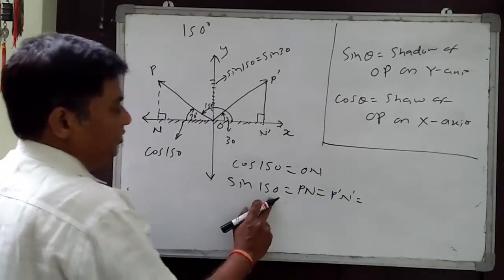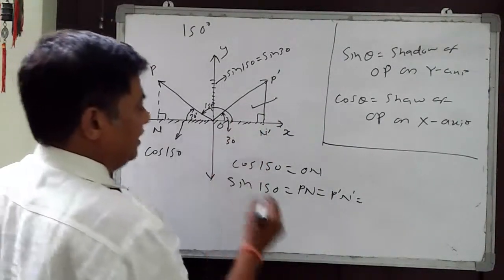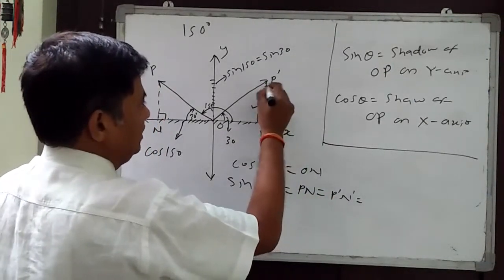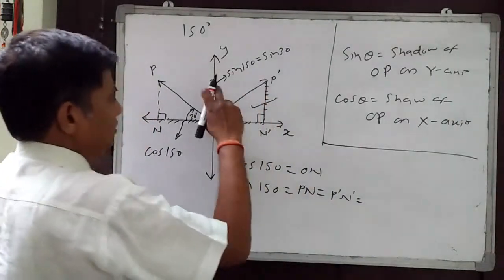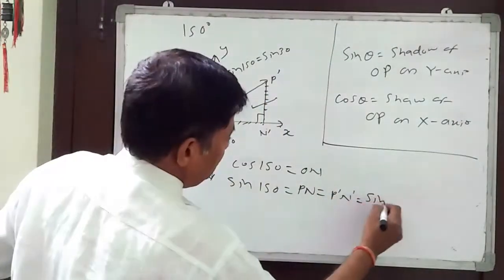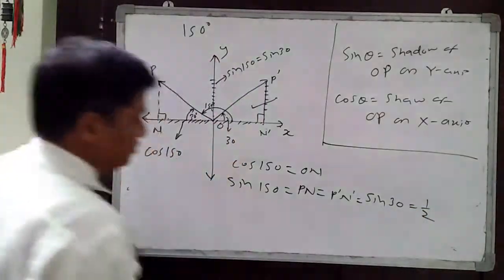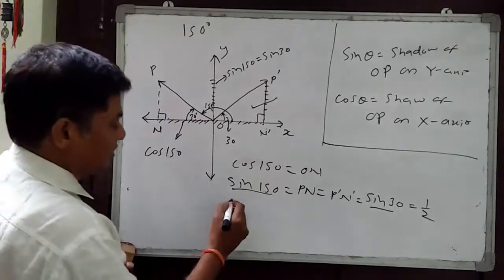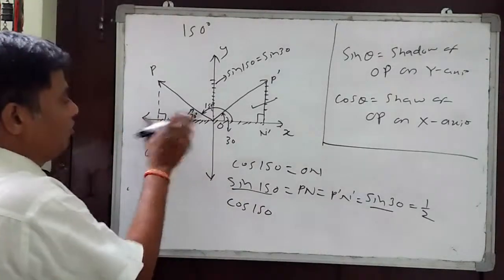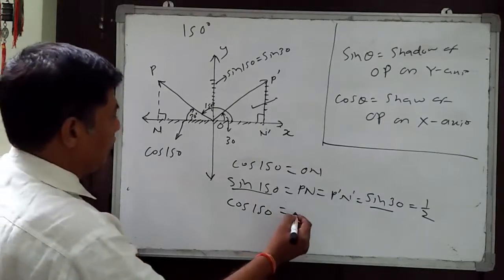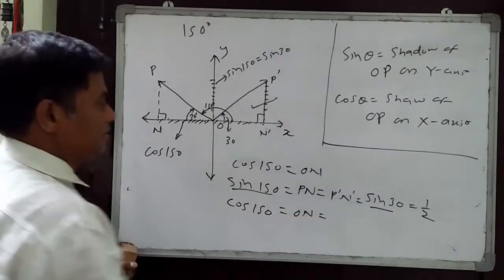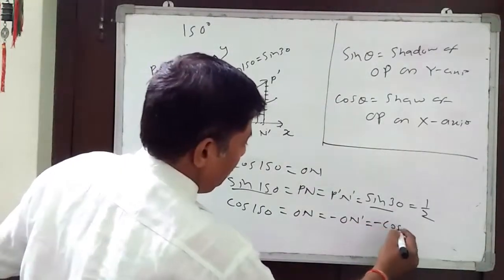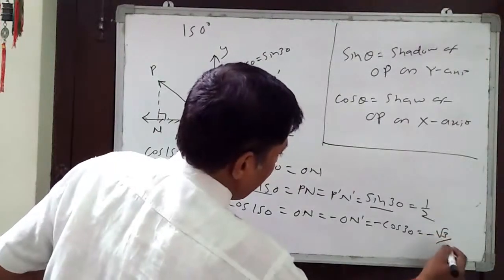Now sin 150, from this right angle triangle, we have concluded that sin 150 is equal to PN equal to P dash N dash, that means this much length. It is also equivalent to sin 30, that is 1 by 2. So sin 150 is equal to sin 30 and value will be 1 by 2. Whereas cos 150, that is the shadow on x-axis, will be equal to ON, but it is negative of ON dash and it is negative of cos 30, that is minus root 3 by 2.